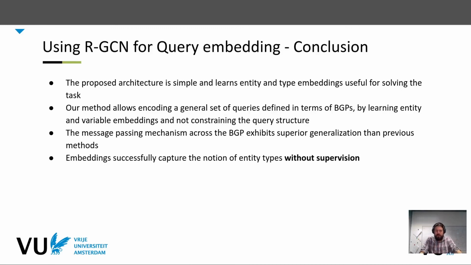The message passing algorithm has superior generalization, meaning it can train on these one-hop queries and go to much larger ones. And as we could see in this visualization, we could also capture the notion of entity types without any specific supervision, except the signal coming from the queries.